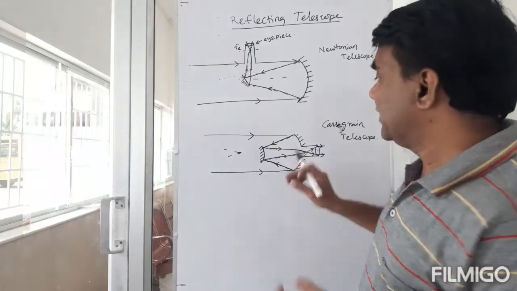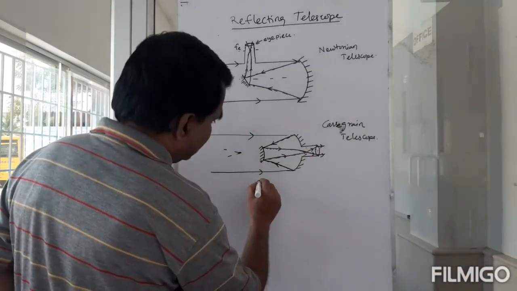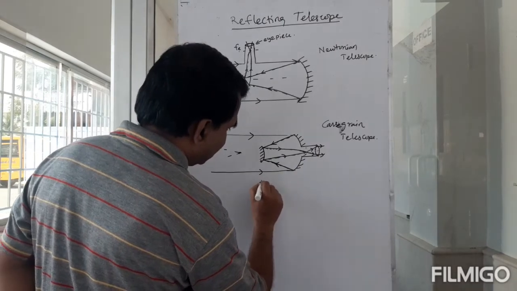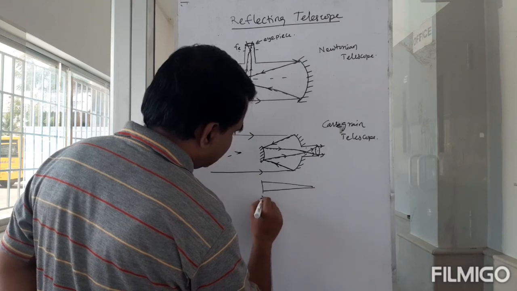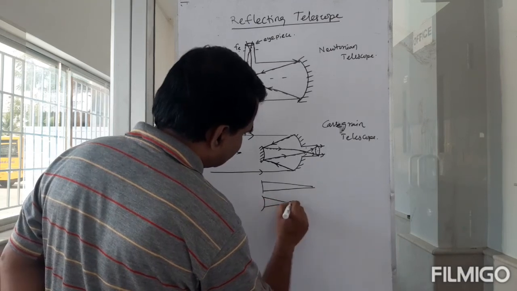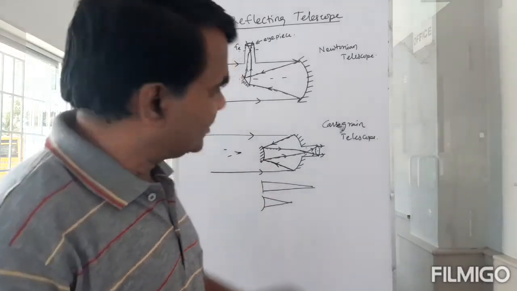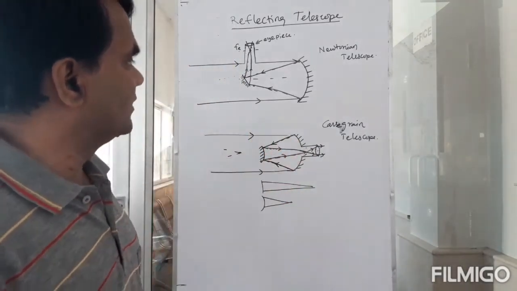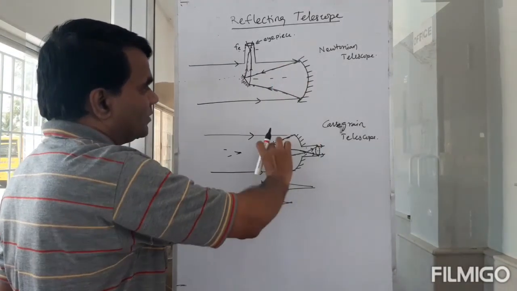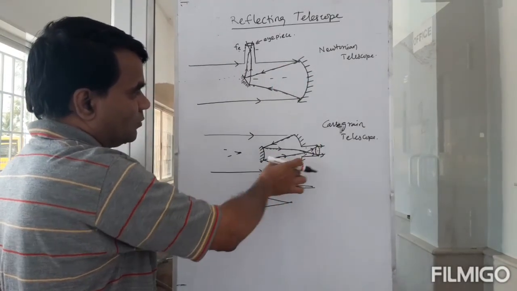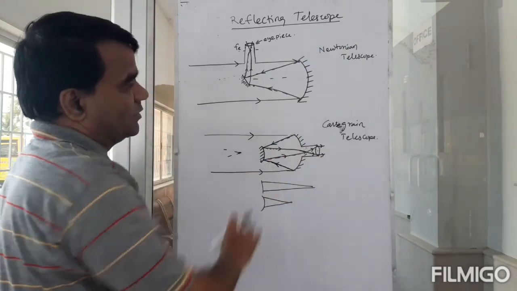you'll be able to reduce the length of the telescope also. If it's a plane mirror, then the light will converge at a longer distance, right? But if it is curved, then it will converge at a short distance. So the length of the telescope can also be reduced using this. So this is called a Cassegrain telescope, which uses one concave mirror and one convex mirror.